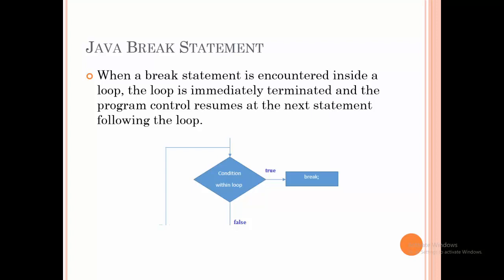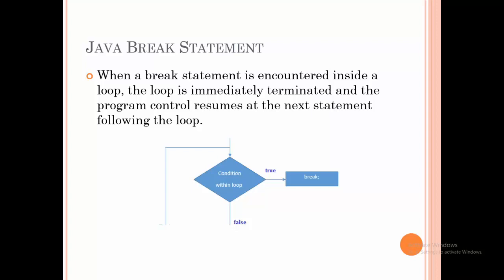It breaks the current flow of the program at a specified condition. In case of an inner loop, it breaks only the inner loop. We can use Java break statements in all types of loops such as for loop, while and do while loop.